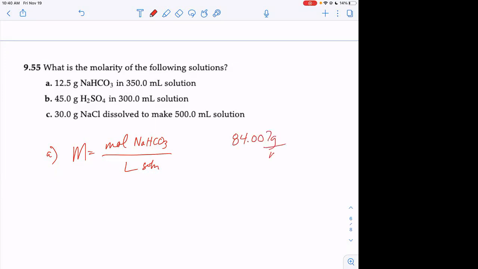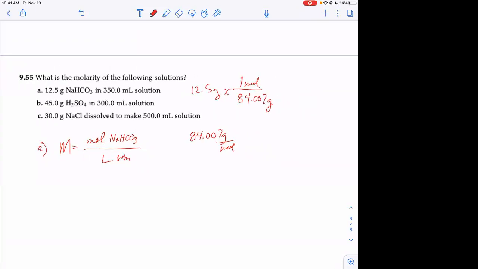84.007 gram per mole. So we are gonna take 12.5 grams, divide by 84.007 gram per 1 mole. How many moles is that? 0.15 moles.